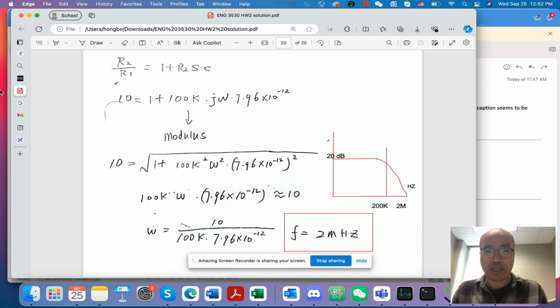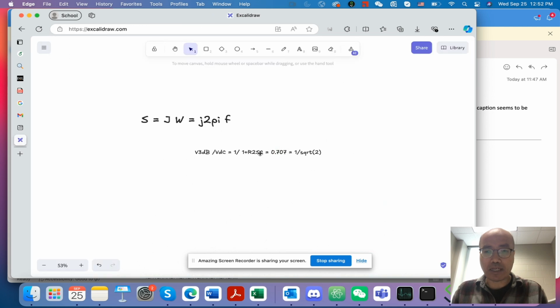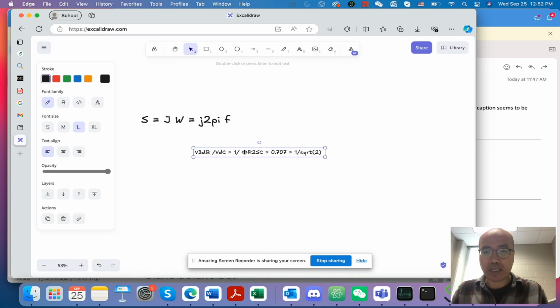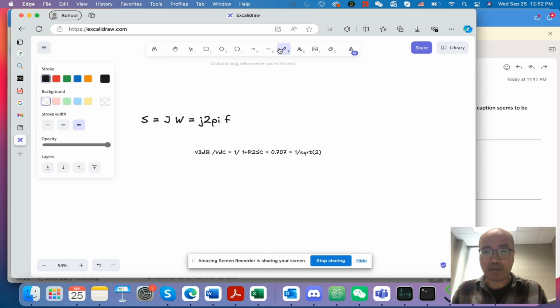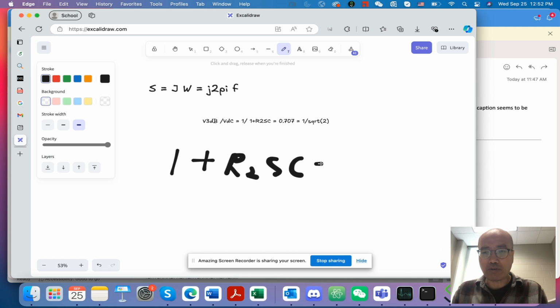So that means what? That means 1 plus R2 SC, right, equals the square root of 2. Why?